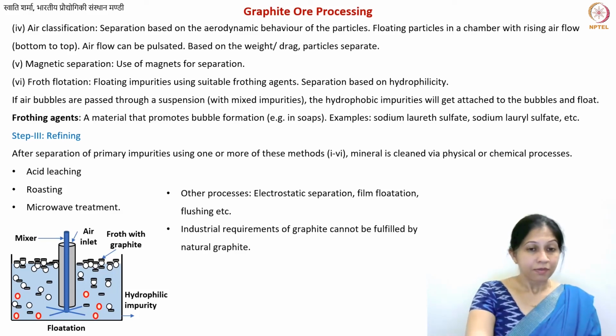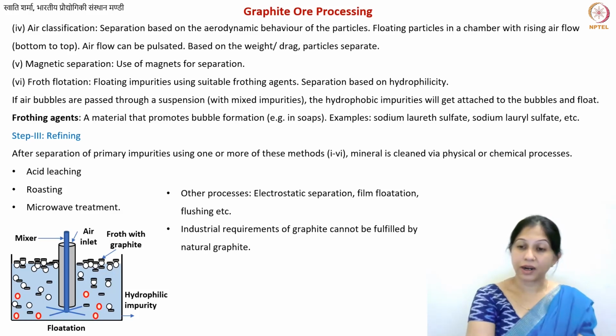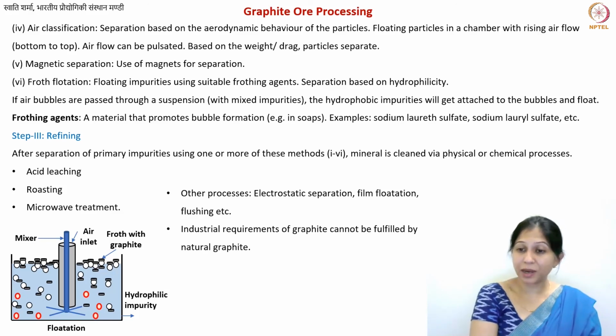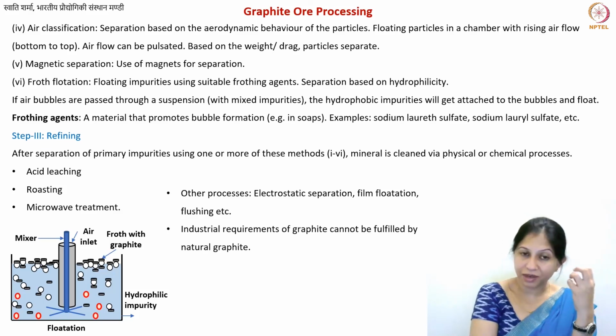However, what is important for us, and what takes us to our next lecture, is the fact that we have natural graphite, but number one, it is reasonably expensive. Cleaning and its beneficiation can actually be reasonably expensive.